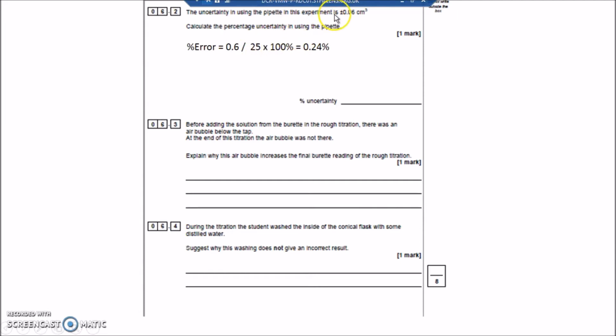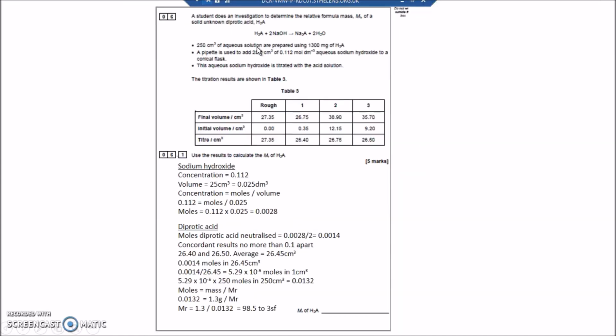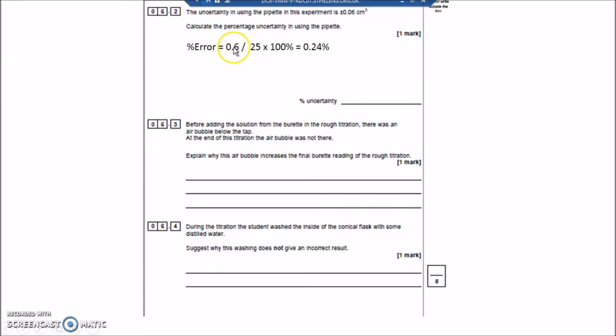The error should be 0.06 divided by 25. Where does the 25 come from? 25 is the volume of sodium hydroxide that you put in with the pipette. So it's 0.06 divided by 25, the volume that's been put in, multiplied by 100%, which gives 0.24%.